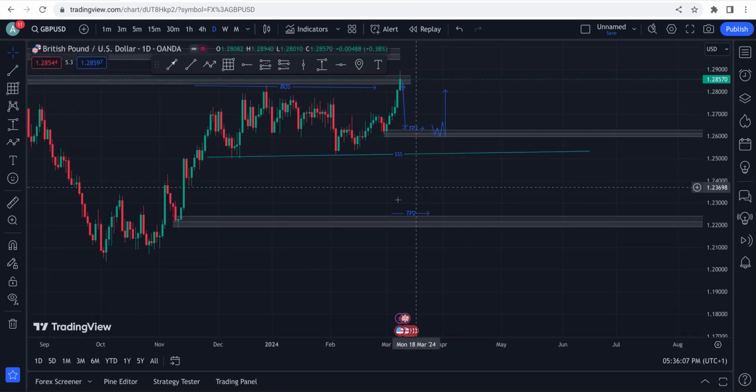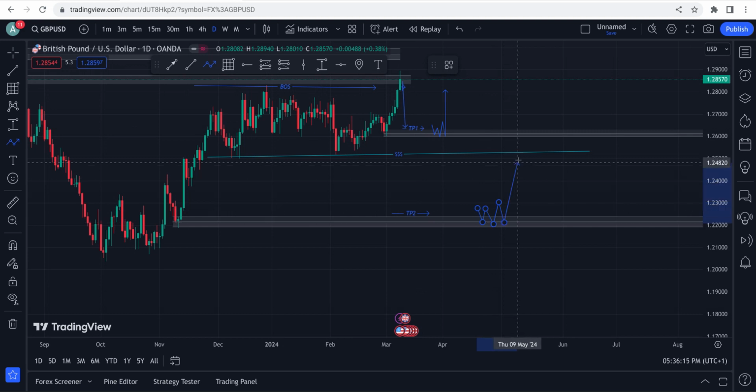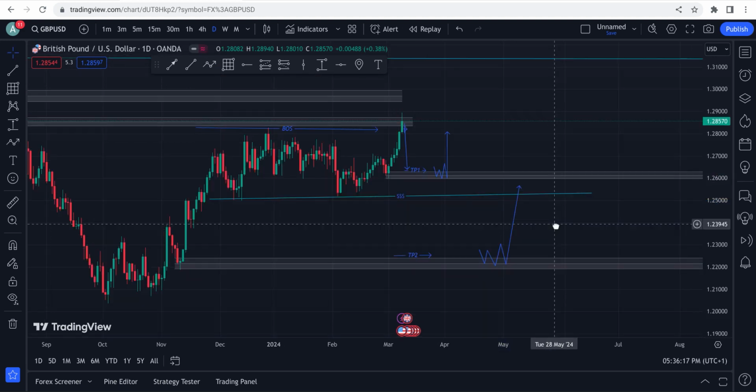So this is TP1 and this is TP2. I can say something like this. Alright guys, that's all for today. So my idea for this week is short.